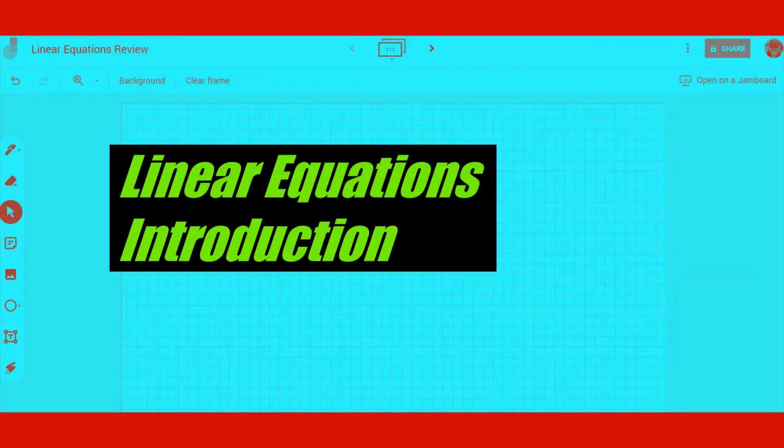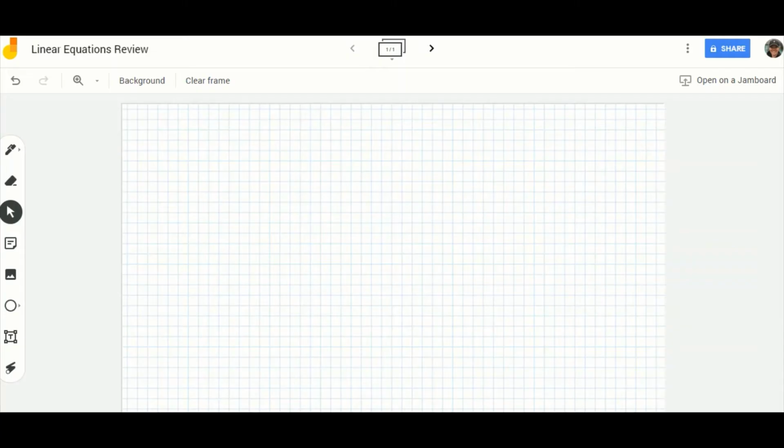You've been dealing with linear equations for quite some time now, probably since grade 7 or 8, and definitely in grade 9. So just really briefly, a linear equation is often represented by the generic equation y = mx + b, where m is the slope and b is the y-intercept.